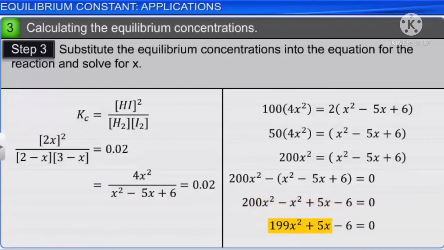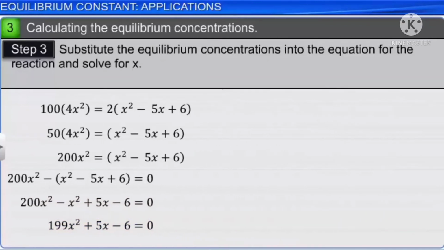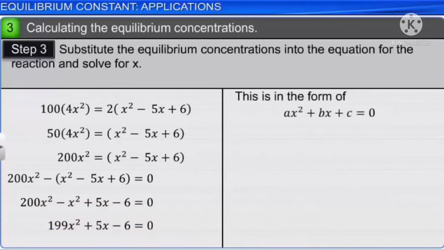This is in the form of a quadratic equation, ax squared plus bx plus c is equal to 0. In this equation, a is equal to 199, b is equal to 5, and c is equal to minus 6.